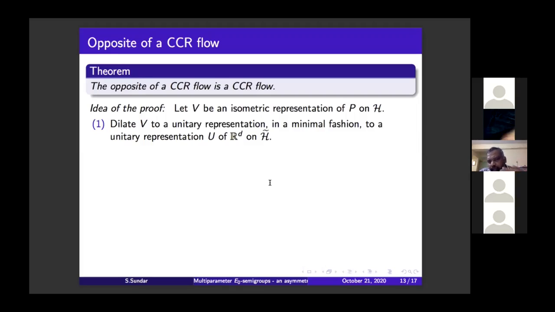What do I mean by a minimal fashion? Suppose H tilde is a minimal unitary dilation, which means that if there is another dilation K, then H tilde embeds inside K. That's what I mean by saying that it's a minimal dilation. So you dilate V in a minimal fashion to a unitary representation on H tilde.